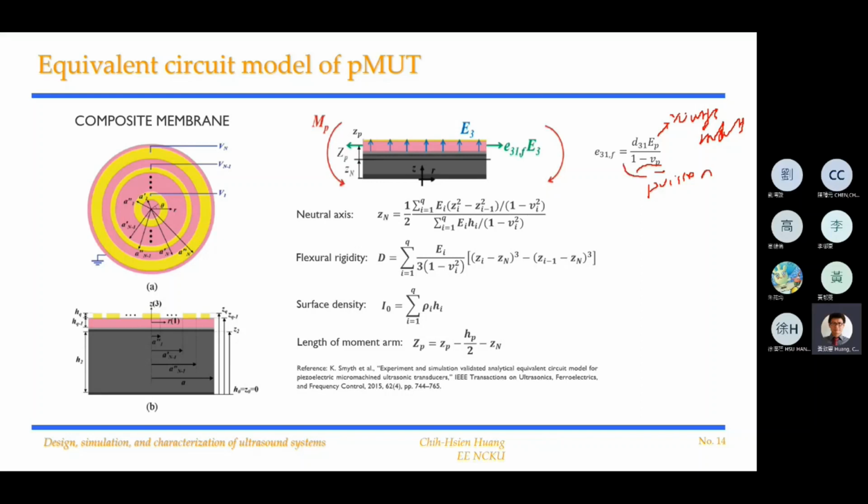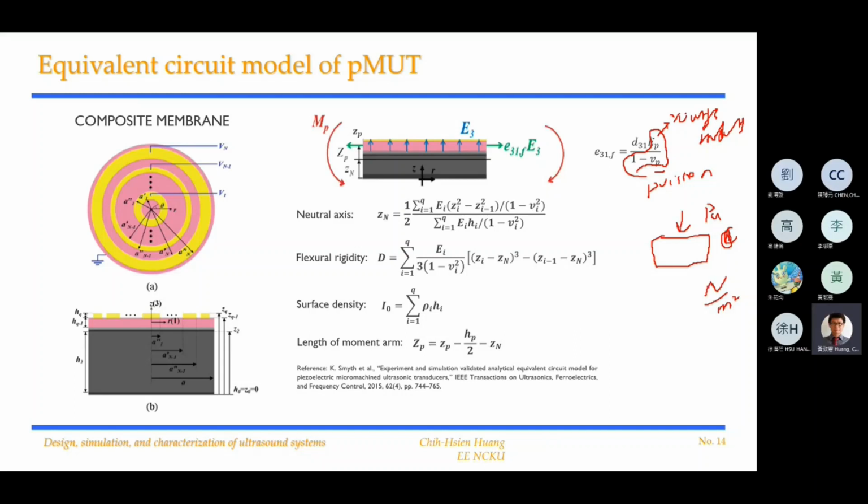Because we know the Young's modulus is actually looking for how much pressure. It's a pressure. The Young's modulus unit is Pascal, right? Which means it's a Newton per meter square in the direction perpendicular to the surface.